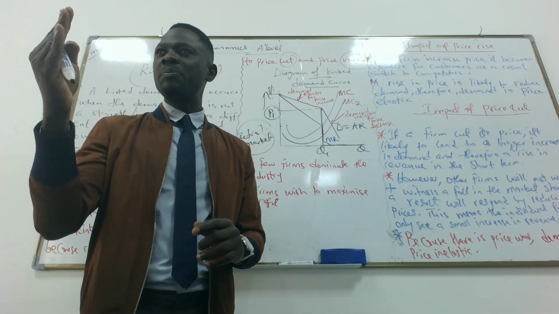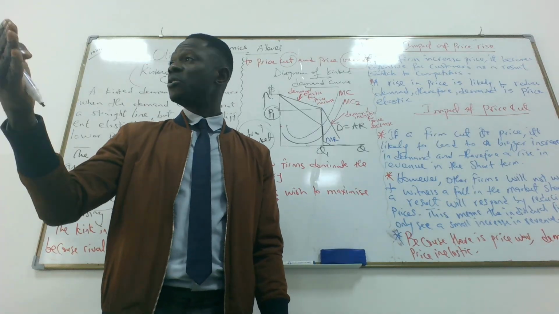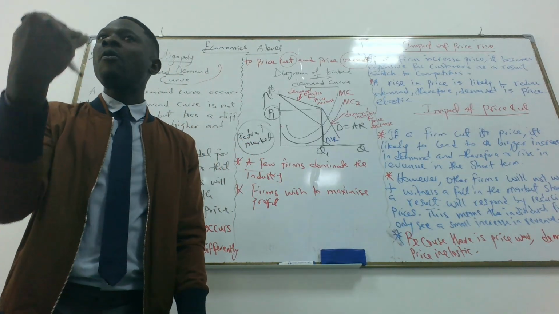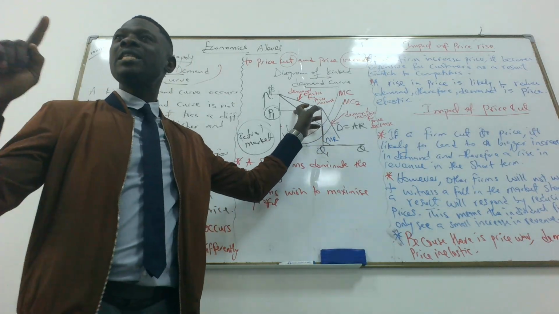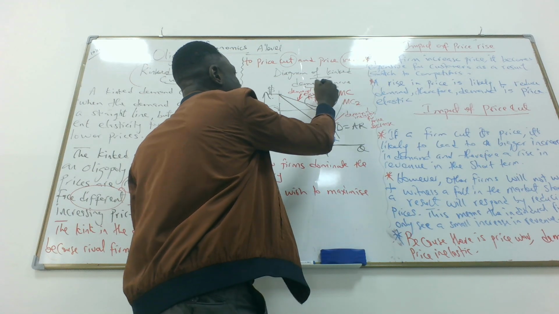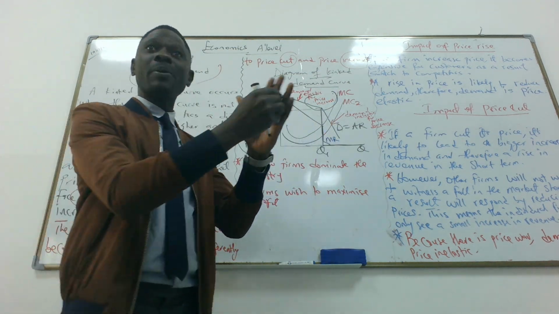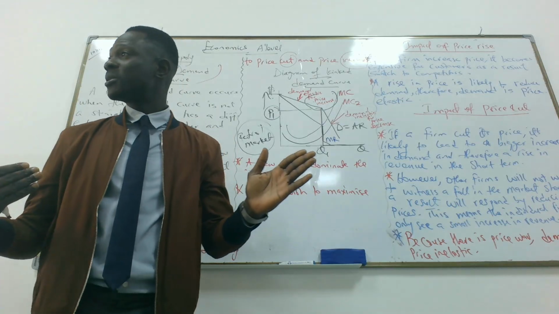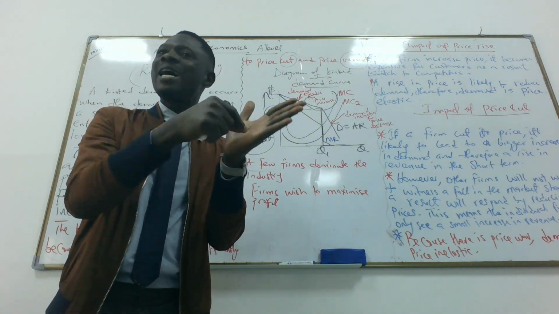As soon as you increase the price, the demand for your product reduces, and if the demand reduces, the revenue you make falls. So definitely, when the price increases in an oligopolistic competition, the demand is price elastic. Why? Because as soon as the price increases, the quantity demanded drops. It means the demand for the product is price elastic.